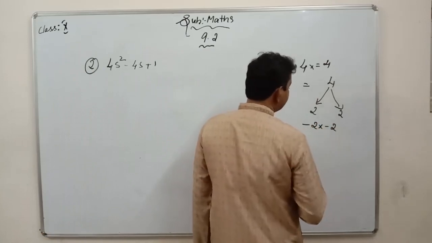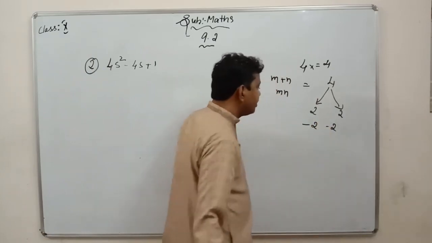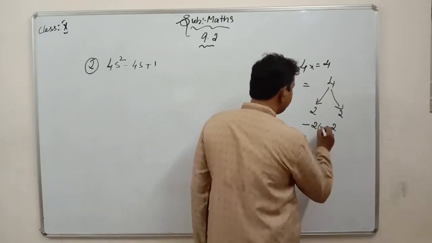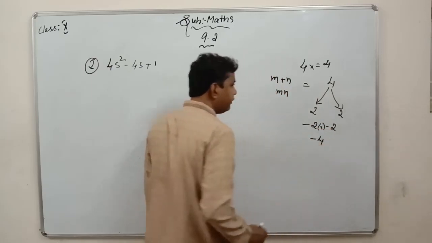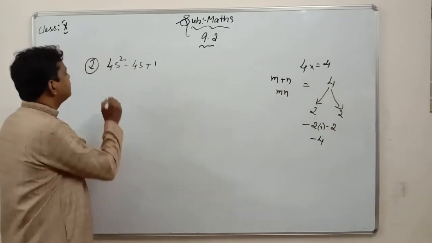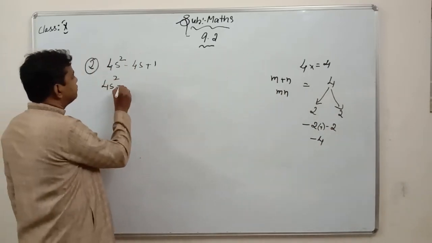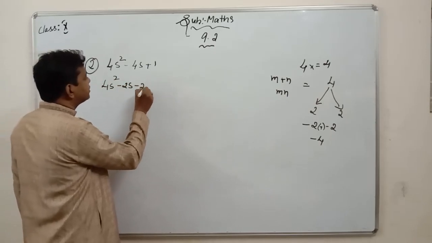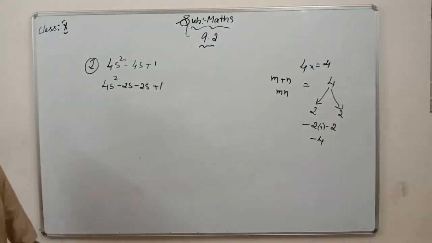So what is minus 2 into minus 2? Let's see, minus 2 plus of minus 2. So you will get here minus 4 only. So this I can write as 4s square minus 2s minus 2s plus 1, because minus 2s minus 2s is minus 4s.